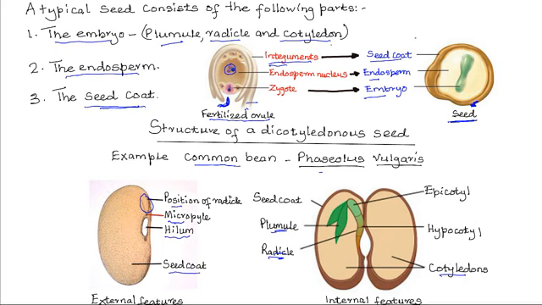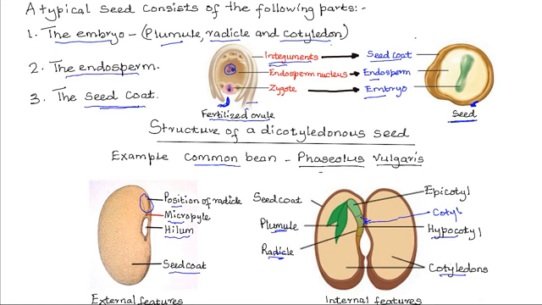Now, there is a stalk that connects the plumule and the radicle to the cotyledons. This stalk is known as the cotyl. Now, between the radicle and the cotyl is the part known as hypocotyl.